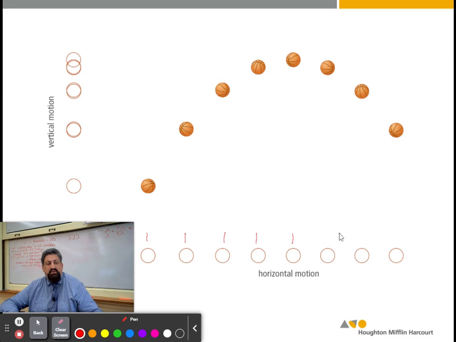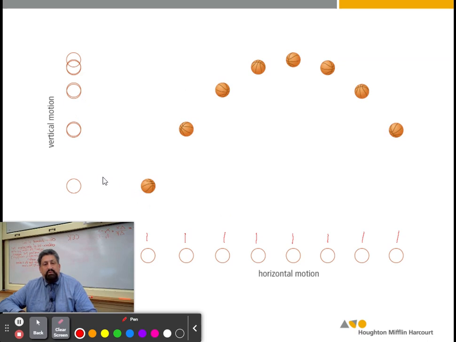Each of these images is an equal distance from the previous image, right? So the ball is moving left to right at a constant rate. Why? Because it has no force pushing it. As soon as she lets go of the ball, it will move forward at a constant rate.